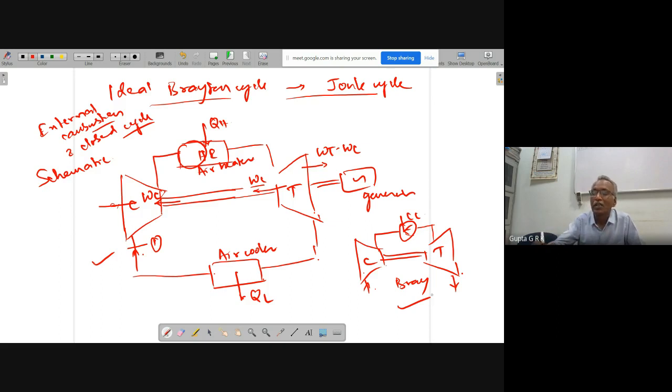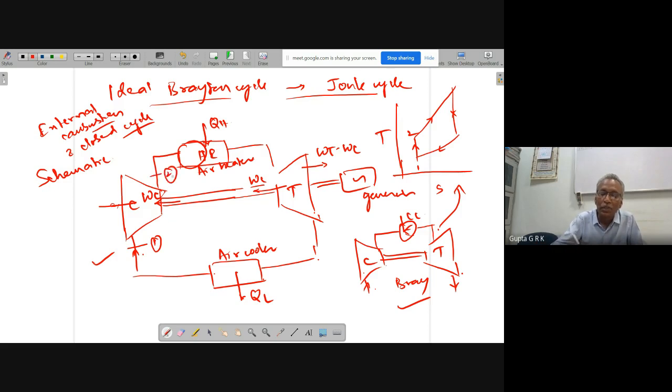Okay, when I draw a graph, right? If I draw a TS diagram, for the Brayton cycle we'll get like this. Okay, so they draw this graph only, and they show this. Okay, 1 to 2. So this is 1, this is 2. 1 to 2 is isentropic compression.